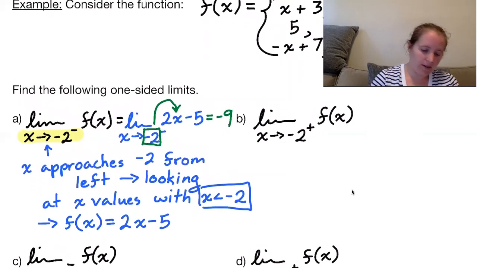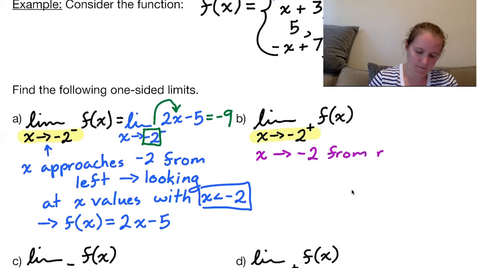Now, if we do the same thing looking from the right, so now x is approaching -2 from the right. That means that we are looking at x values that are bigger than -2, but close to -2.